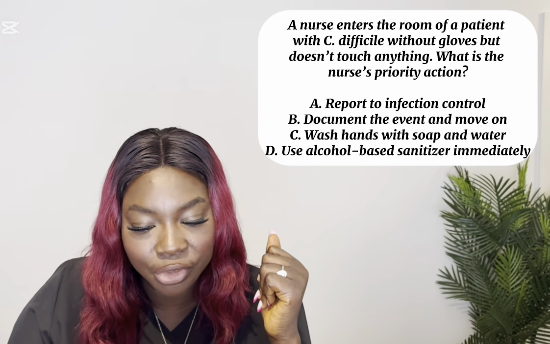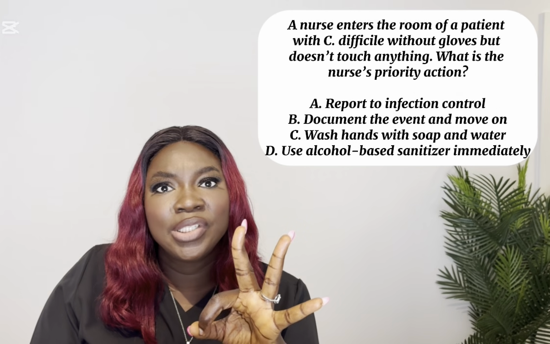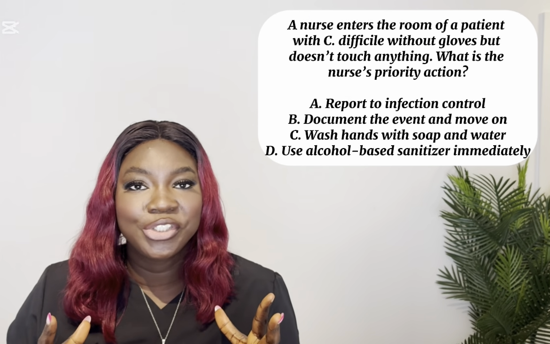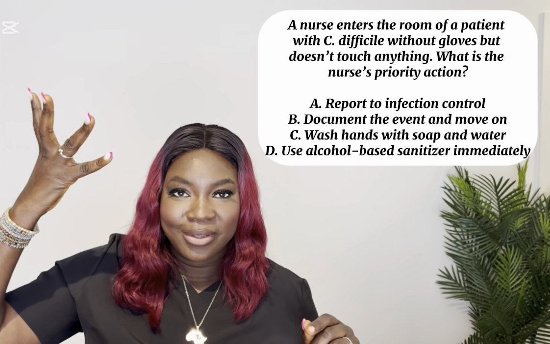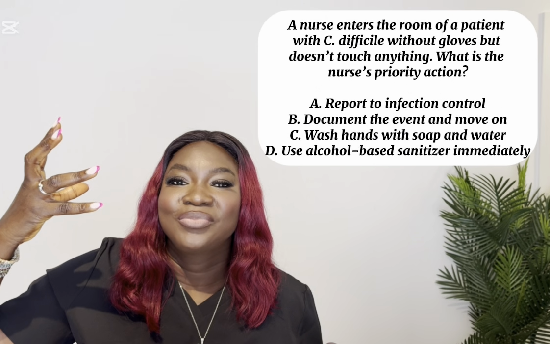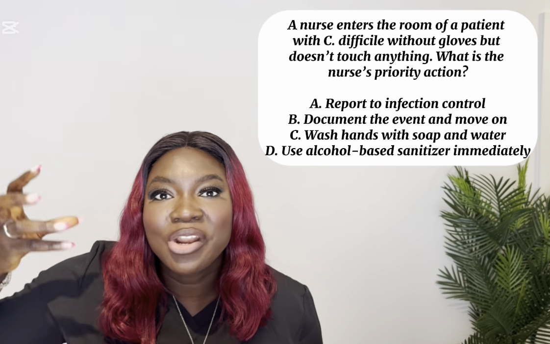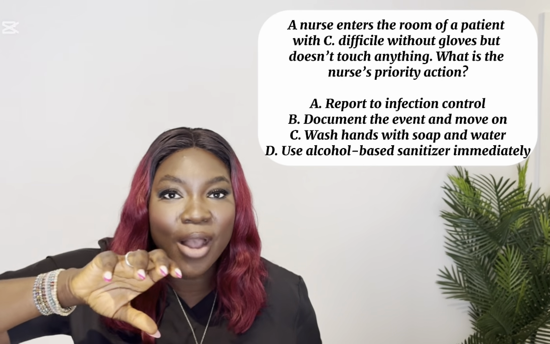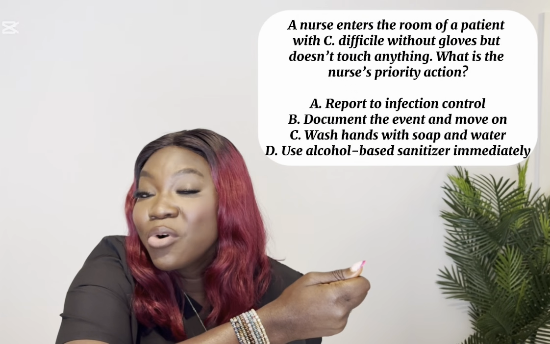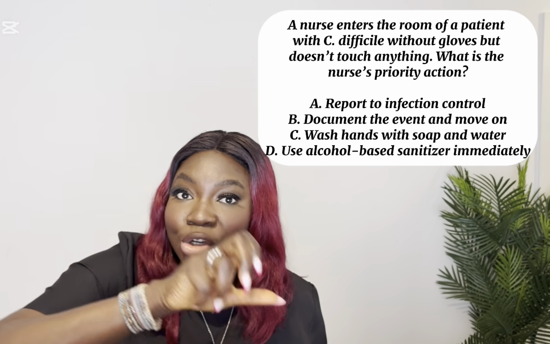Now let's go through the wrong choices. Report to infection control. Report is not the immediate priority. You're not going to wash your hands, but you're going to pick up the phone, even though you did not touch anything. But it's the protocol. You just don't know. You might not even touch anything in the room, but on your way out, you might touch the doorknob, and you do not know who has been there before, if they used a gloved hand to touch the doorknob.